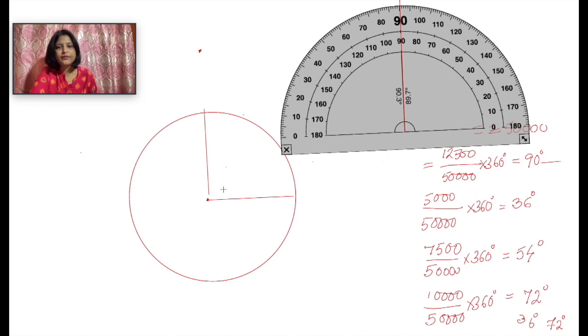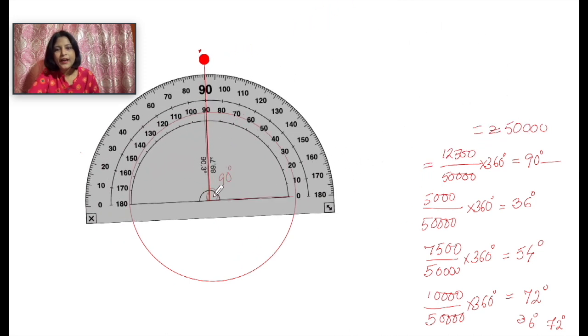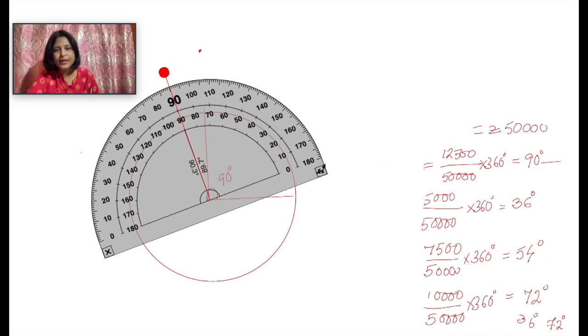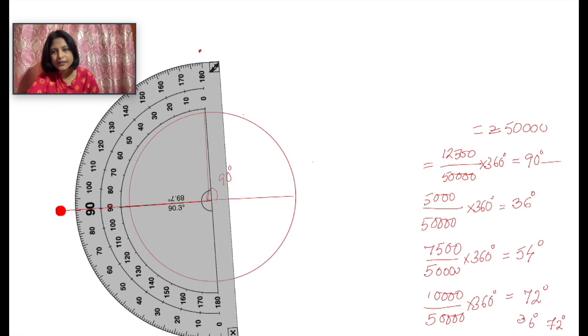So here I have drawn one sector which is equal to 90 degree. Okay, so this part is 90 degree. Next again we have to place the protector at the center and turn the protector so that the base line of the protector coincides with the other arm of the 90-degree angle.